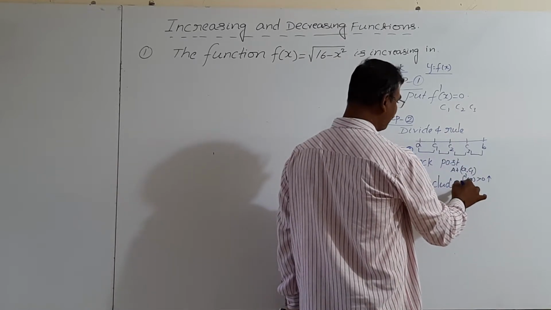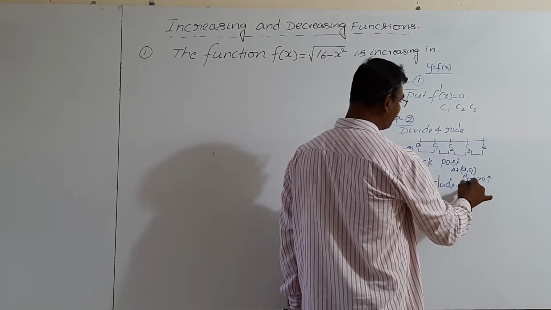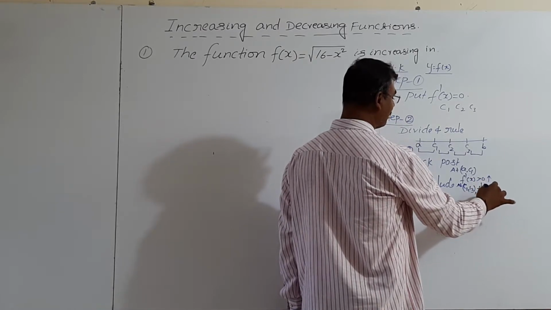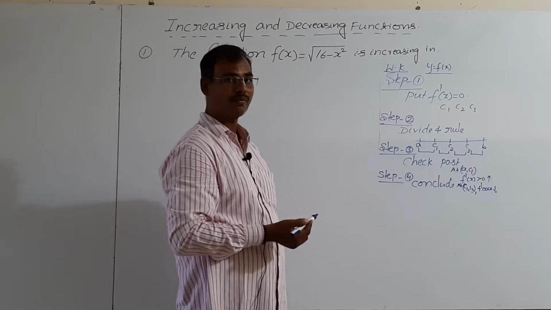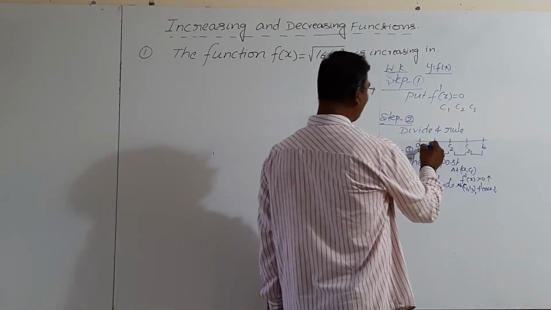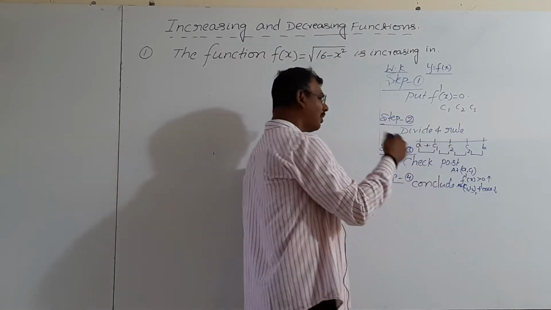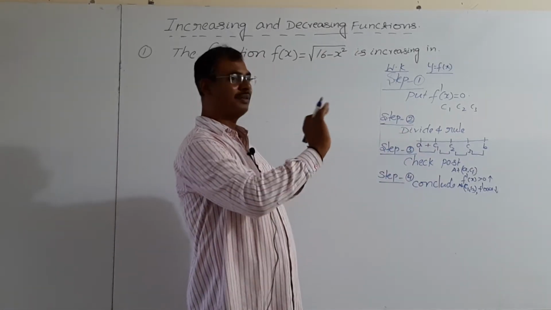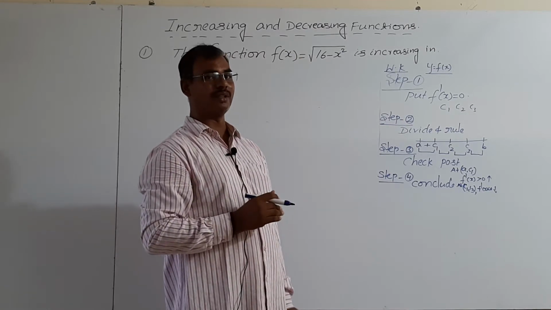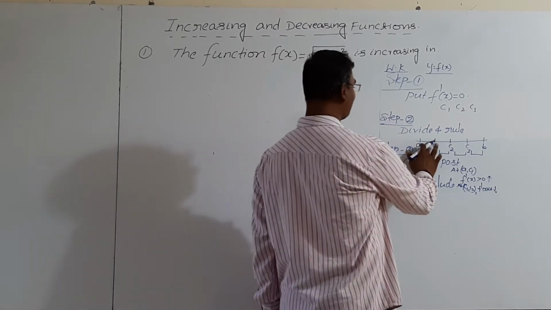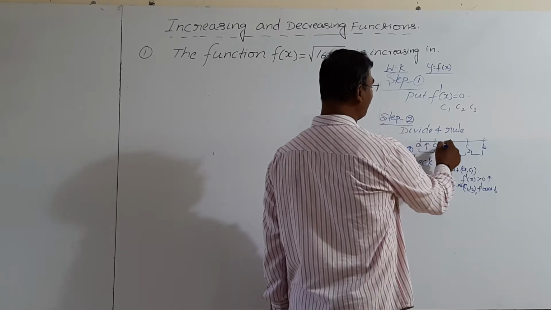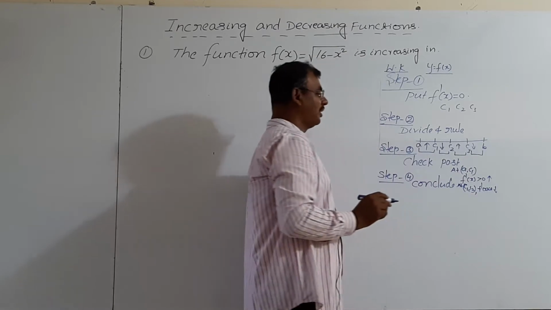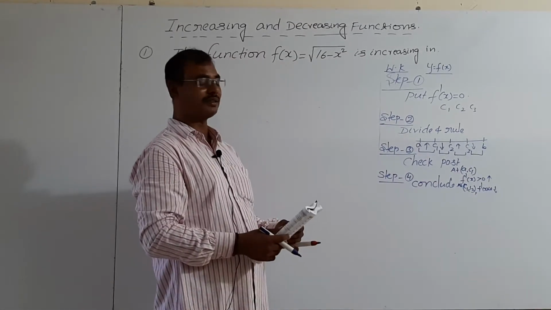If I take c1 comma c2, f dash of x is less than 0, the function is decreasing. In general, 99% of the time, increasing and decreasing intervals come alternately. If in this interval it is increasing, next it is decreasing, next increasing, next decreasing. Like this we have to find the intervals.